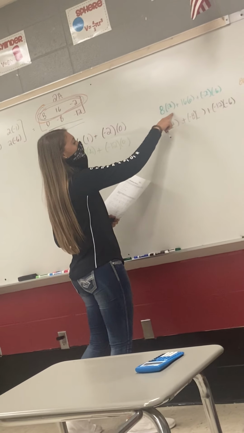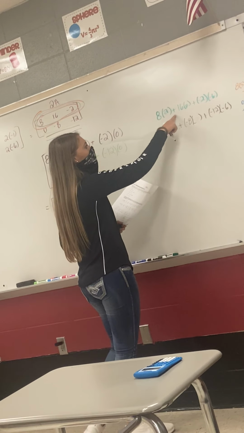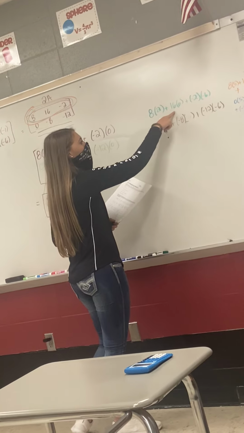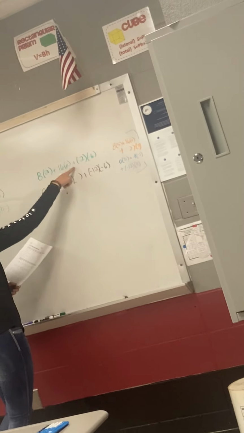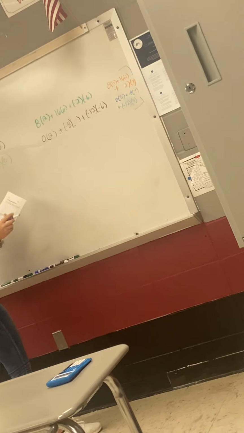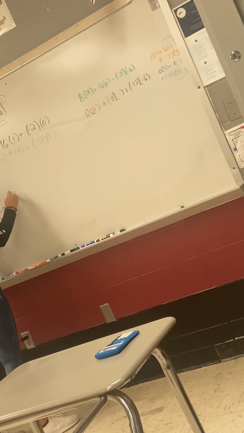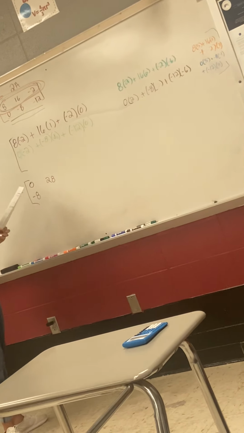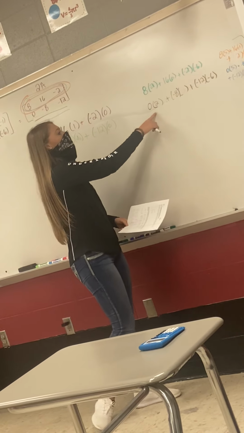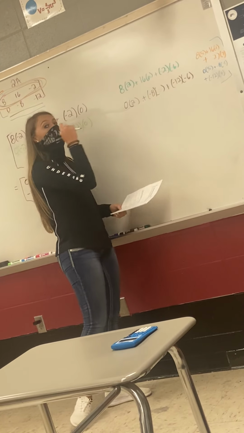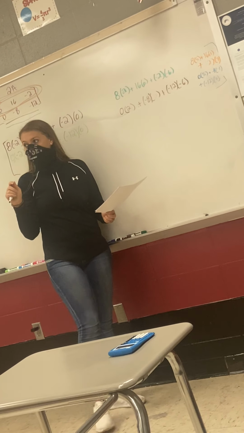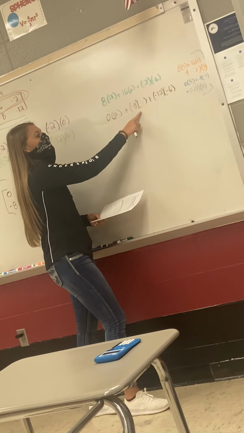Moving over here, you have 8 times 2, which is 16, plus 16 times 0, which is 0. And then negative 2 times negative 6 is 12. So you're going to get 28. You're going to have 0 times 2, which is 0. This is all one problem. Negative 8 and 0 is 0.